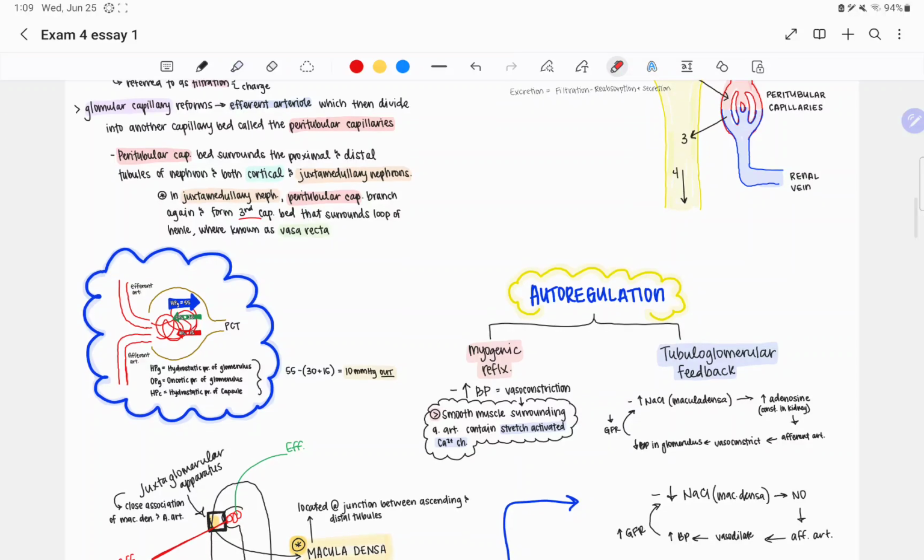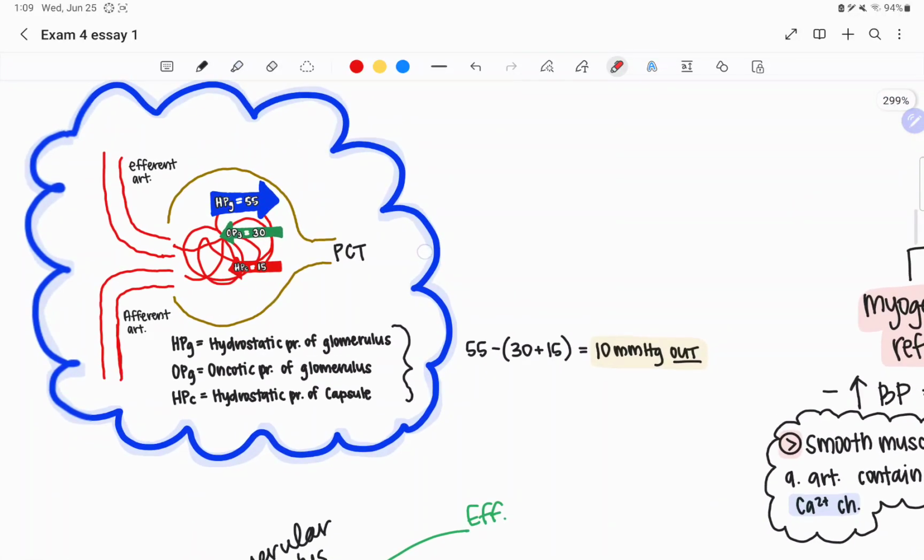Because we have these pressures here, okay? Again, afferent arteriole, efferent arteriole. If you remember back a couple of videos when we were talking about the heart and blood movement and capillary movement, normally hydrostatic pressure was in the 20s. But as you can see here, the hydrostatic pressure is 55.